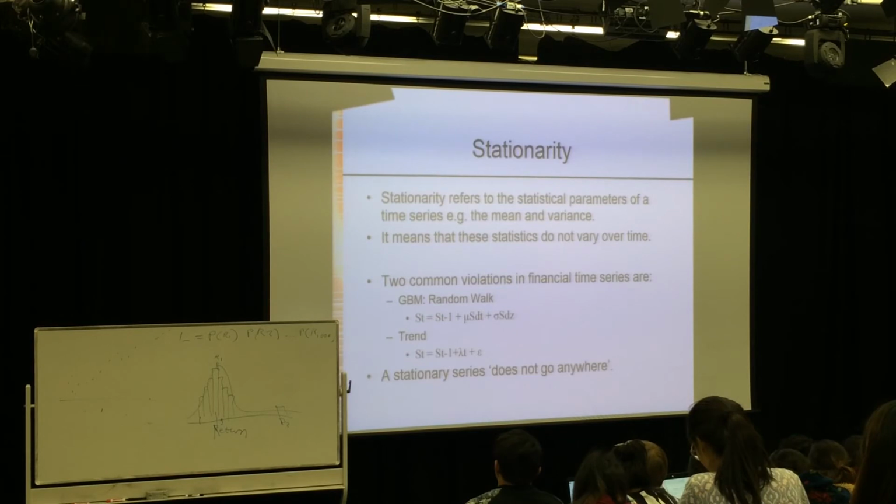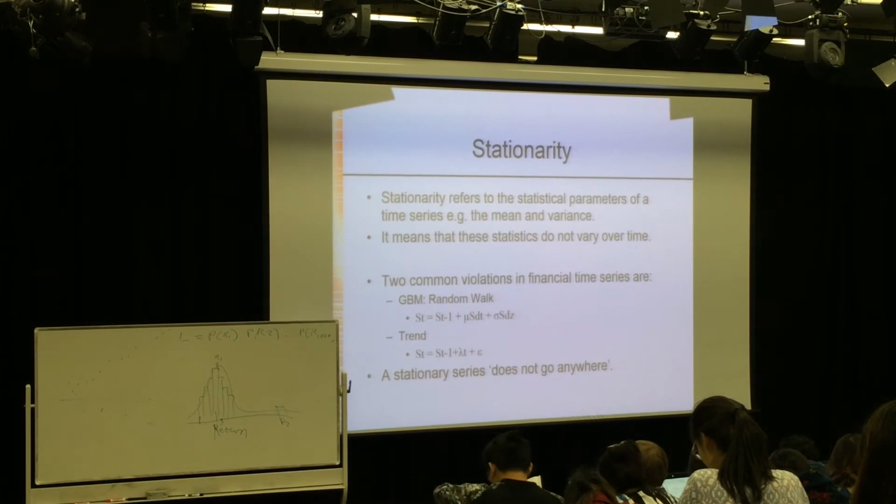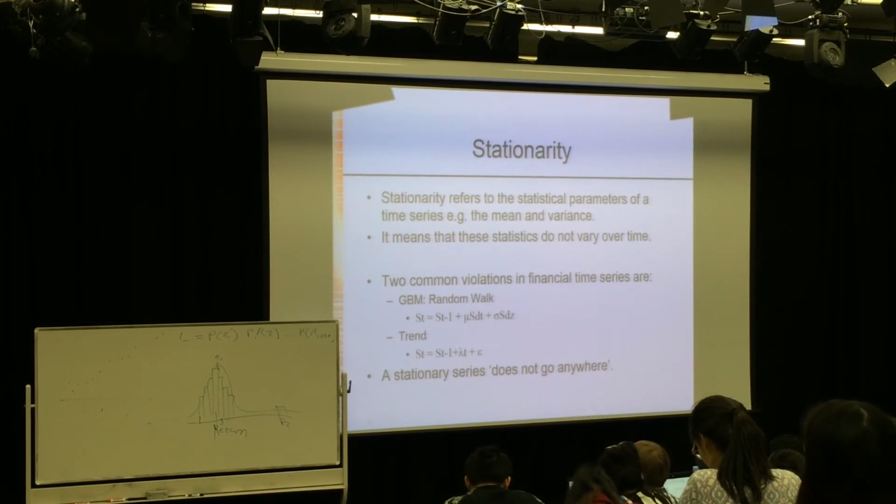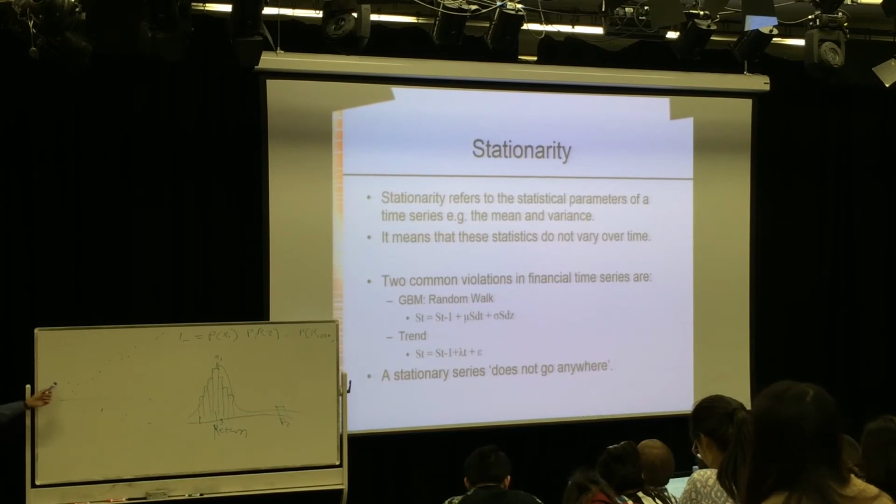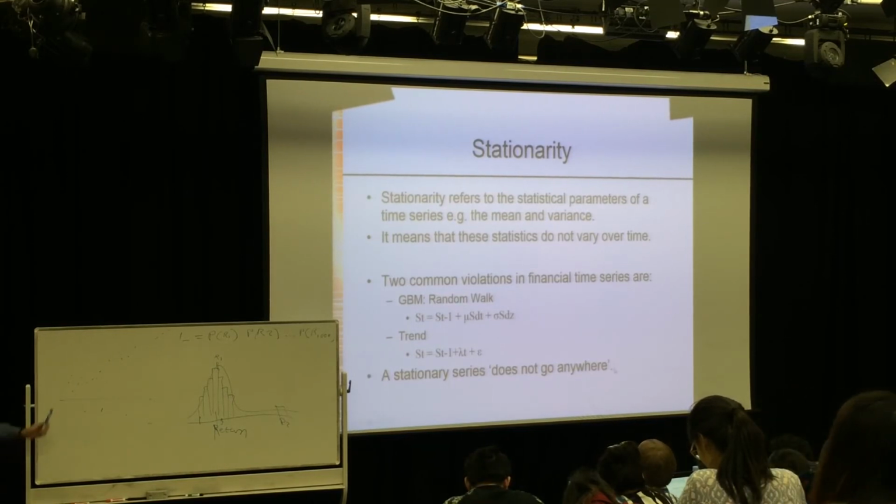For example, it goes up 0.1% every week or something. If you're looking at weekly data, the value this week is going to be the value last week plus 0.1% plus some kind of random term. But the fact that there's a deterministic trend in there means it's going to go somewhere over time. It might move around a bit due to the random component, but over time it's going somewhere, and that means it's not stationary.